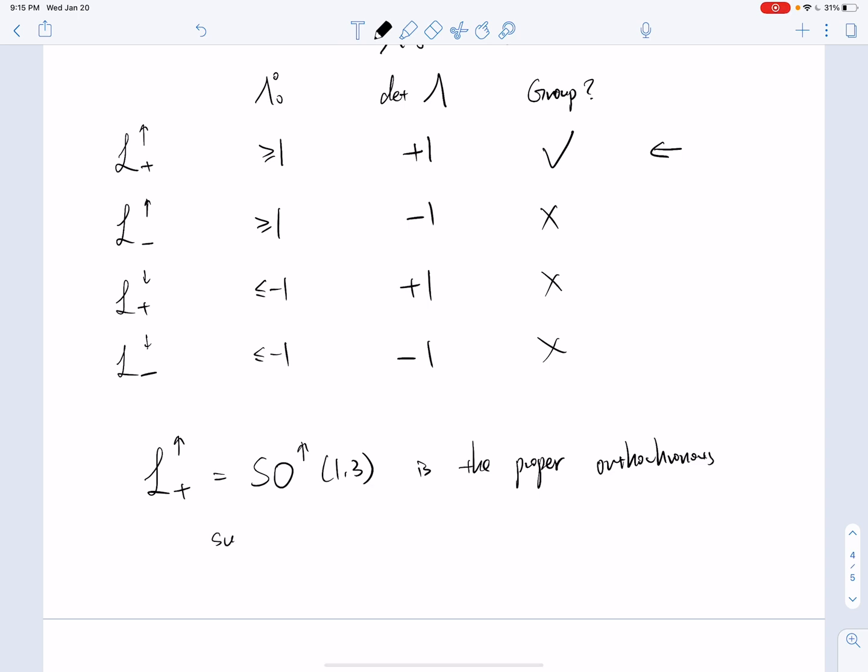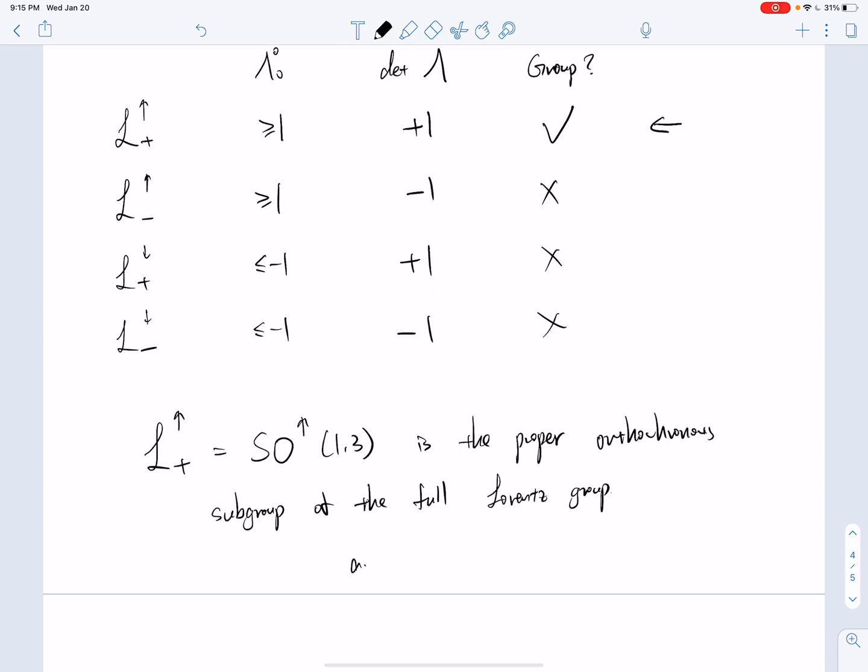It's a proper orthochronous subgroup of the full Lorentz group. It also has a name because it's very important. It's called the Poincare group.